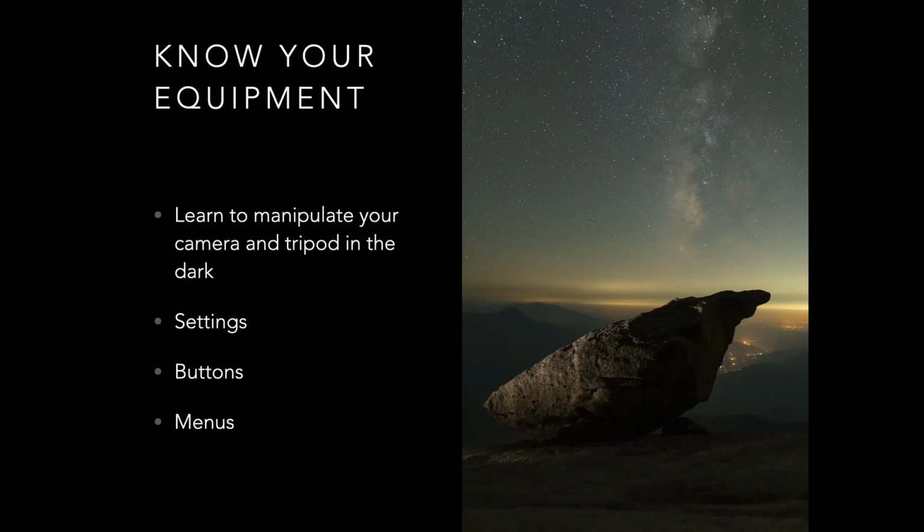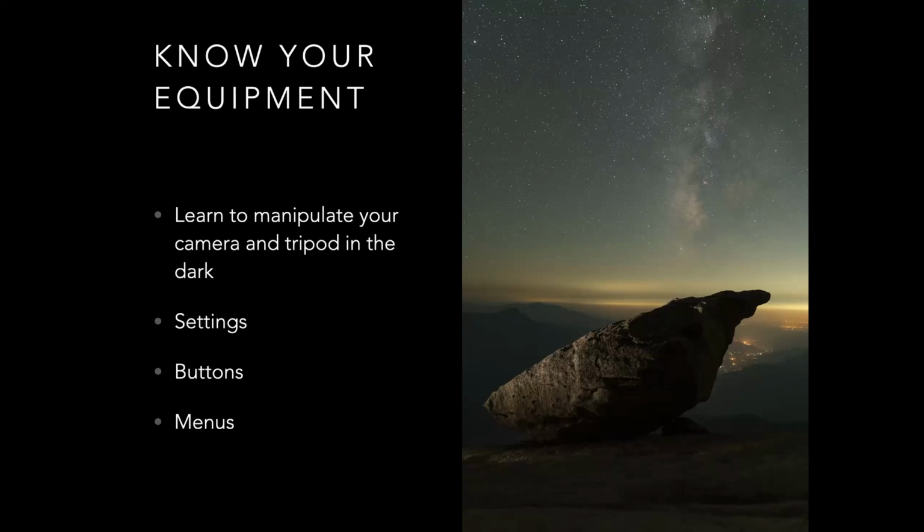So I can't stress this enough. It's really important and critical to just understand how to operate and manage your camera. So many beginners really struggle in the field with night photography just because they're not sure where the settings are, which buttons do which functions, and how to find items in the menus.